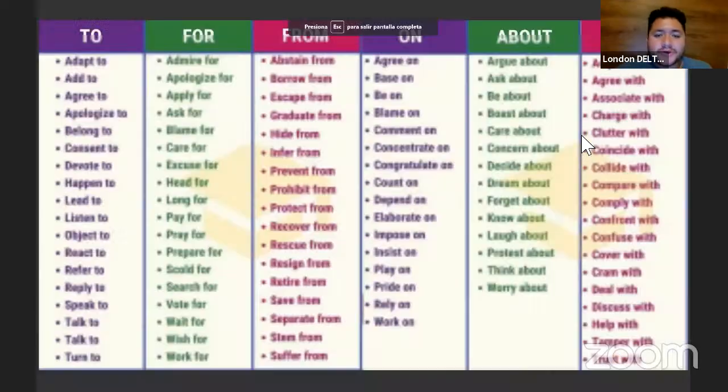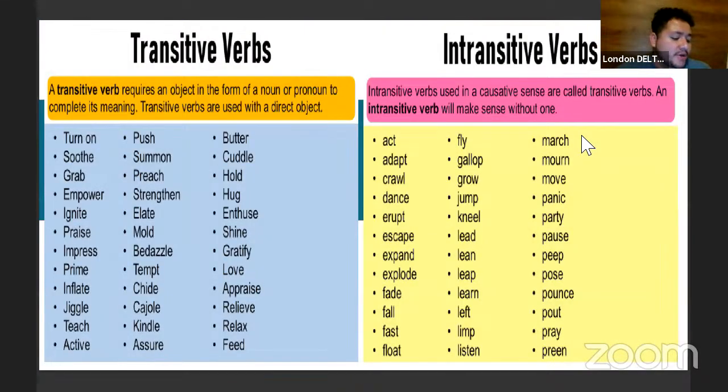Okay, so here we are comparing. Estamos aquí comparando transitive versus intransitive verbs. So, you choose a verb, please, Flor. Escoge cualquier verbo de la izquierda, de los verbos intransitivos.